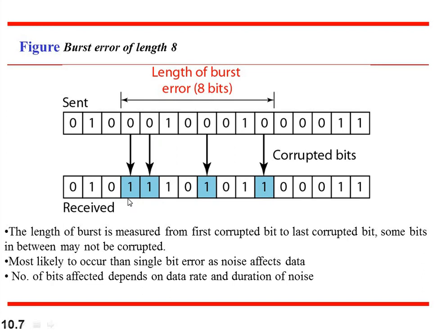Hence it is called a burst error. The error is bursted, that's why it is called a burst error. The length of the burst is measured from the first corrupted bit to the last corrupted bit. It is more likely to occur than a single bit error, as noise affects the data, and the number of bits affected depends upon the data rate and the duration of the noise.